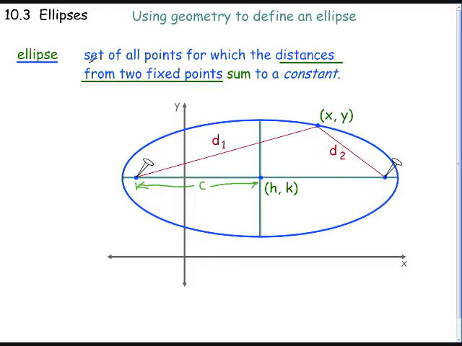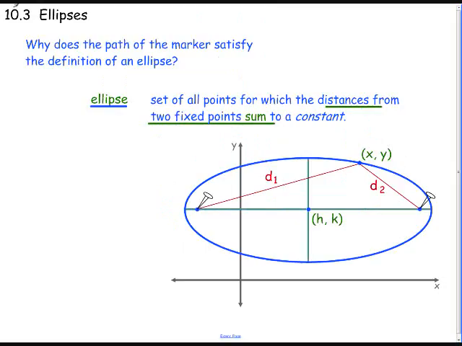The definition of an ellipse. It's a set of all points for which the distances from two fixed points, known to us as foci, sum to a constant, and that constant is the length of the string. Okay? That is the definition.